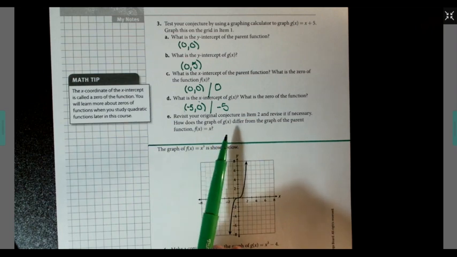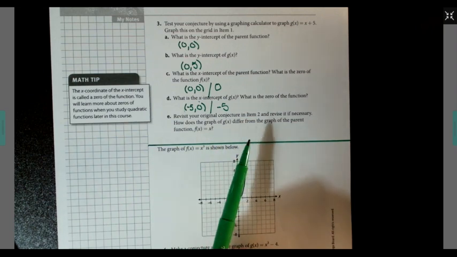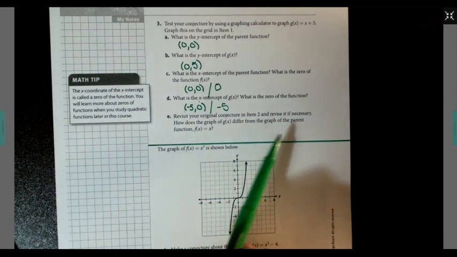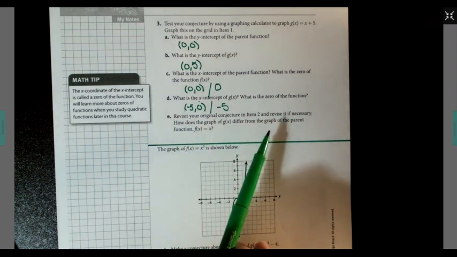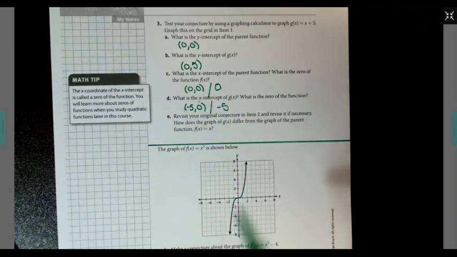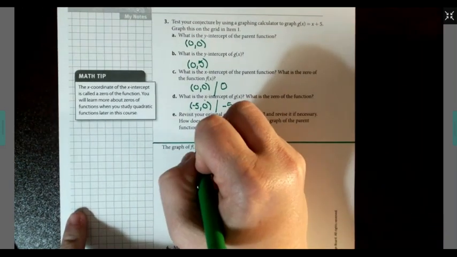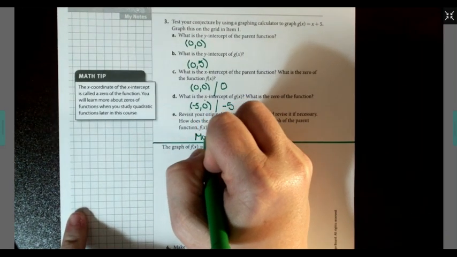Lastly, revisit your original conjecture in item 2 and revise it if necessary. How does the graph of g of x differ from the graph of the parent function f of x equals x? It has moved.